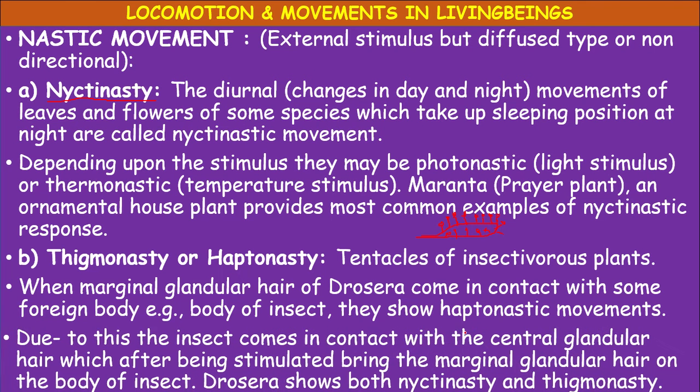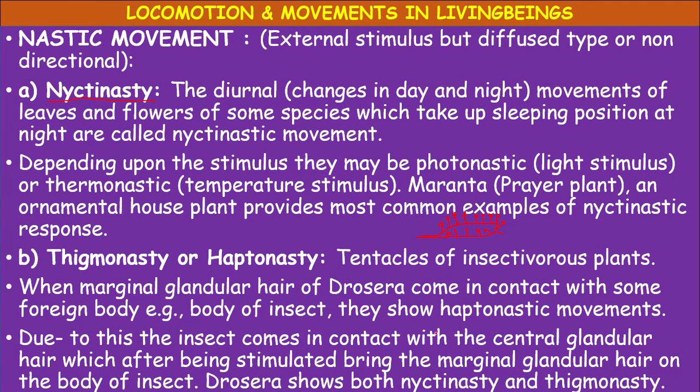Due to this, the insect comes in contact with the central glandular hair, which after being stimulated brings the marginal glandular hairs onto the body of the insect. So Drosera shows both nyctinastic movement and thigmonastic movement.